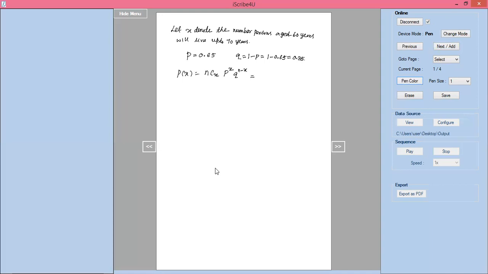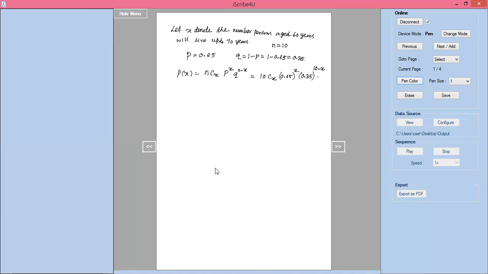Here n is given as 10. So 10Cx into 0.65 whole power x into 0.35 whole power 10 minus x. This is P of x.